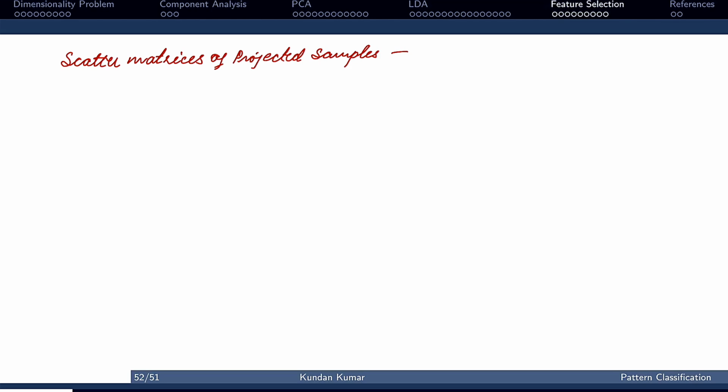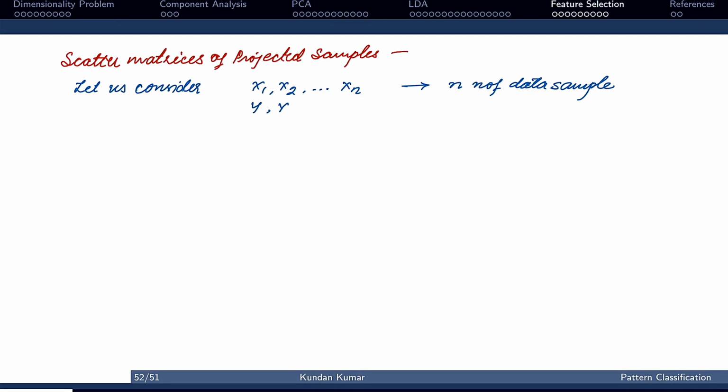So for that let us consider x1, x2 and xn are n data samples and their corresponding projected samples we can write as vectors y1, y2 and yn.